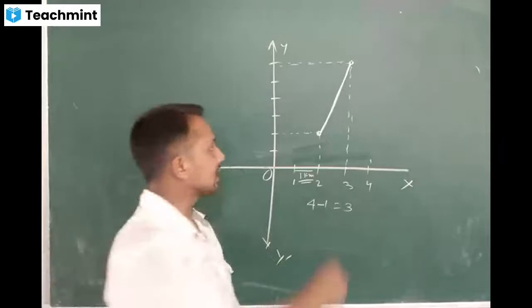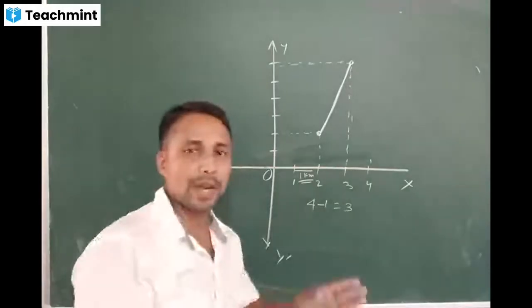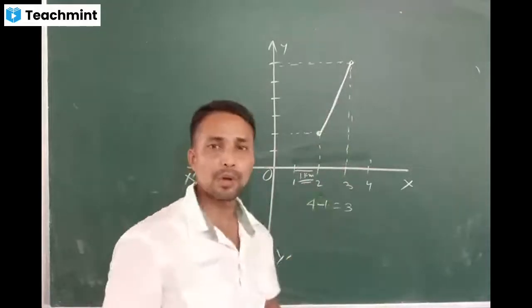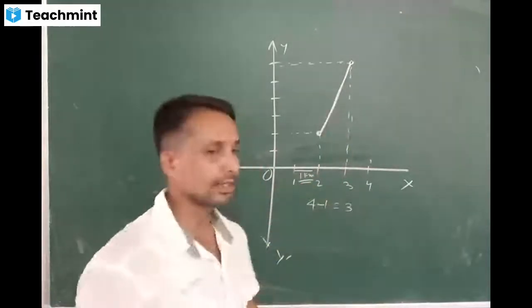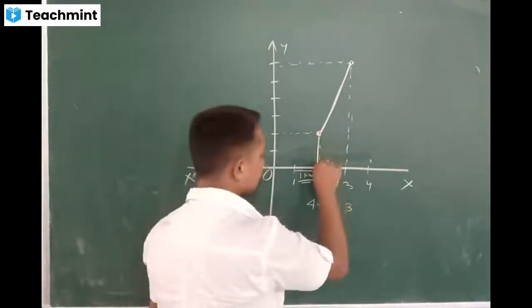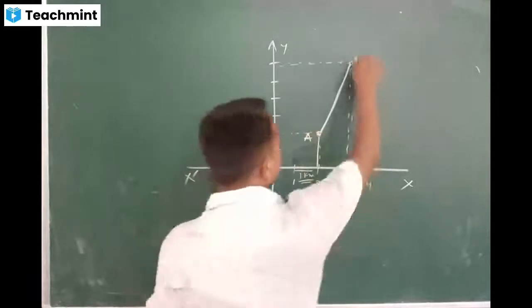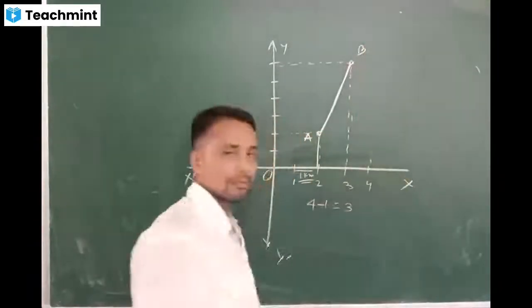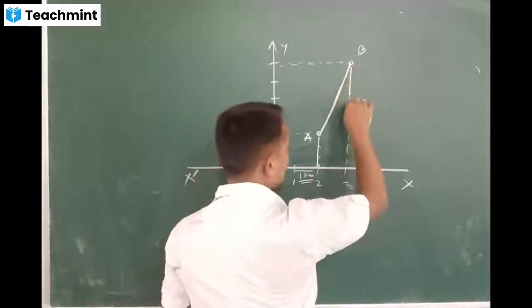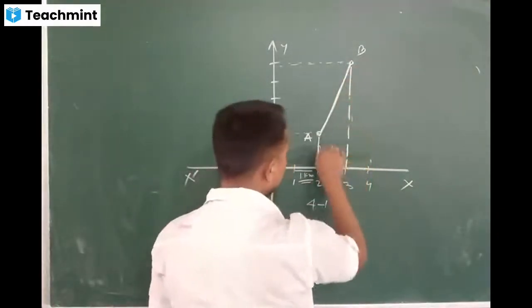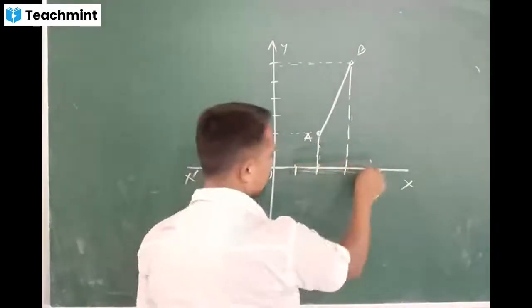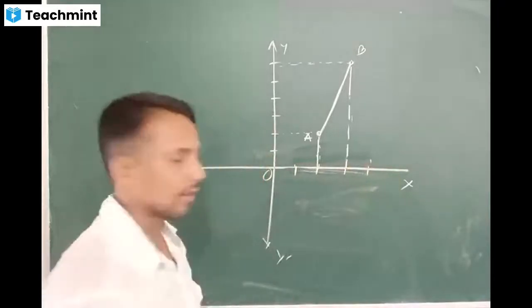This type of distance is not easy to find in a simple way, so we have to go through how to find it exactly. Suppose this is point A and this is point B. Draw a perpendicular down to the x-axis.